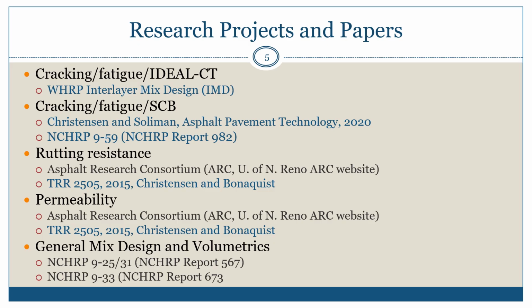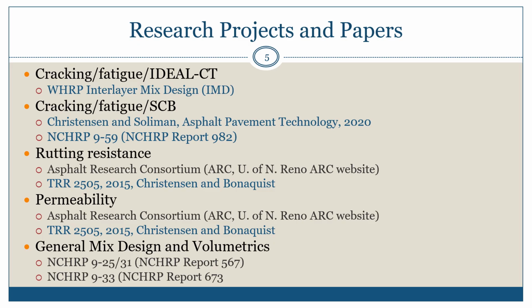Now, the final projects I've listed here are sort of background information on mix design and volumetrics. A lot of the work in these projects done above were based on what was done in these three projects. The first of these was NCHRP 925-931, in which the results can be found in NCHRP report 567.